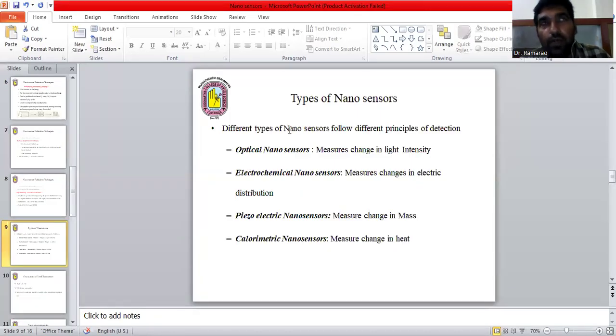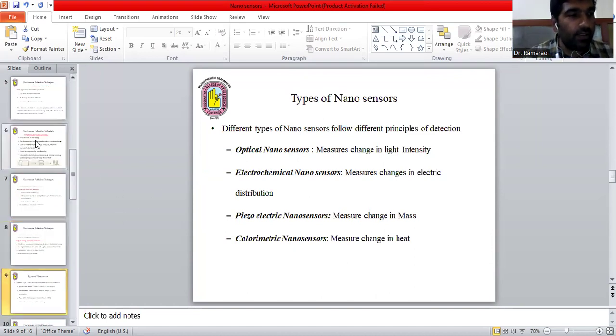If we want to measure the change in light, then we should go for optical nanosensors. These optical sensors are more commonly used. Then there are others, for example carbon nanotube based sensors.